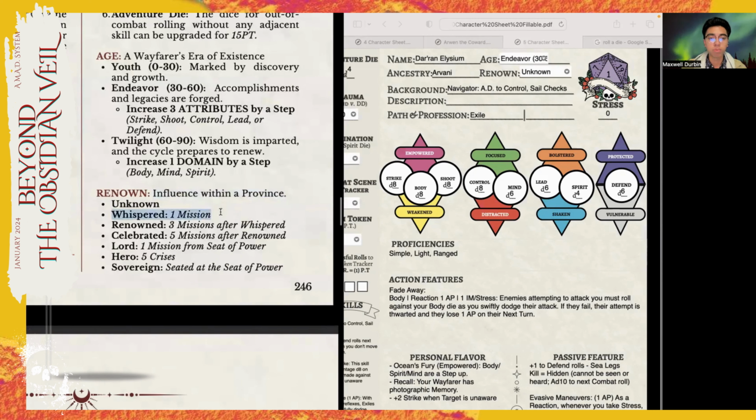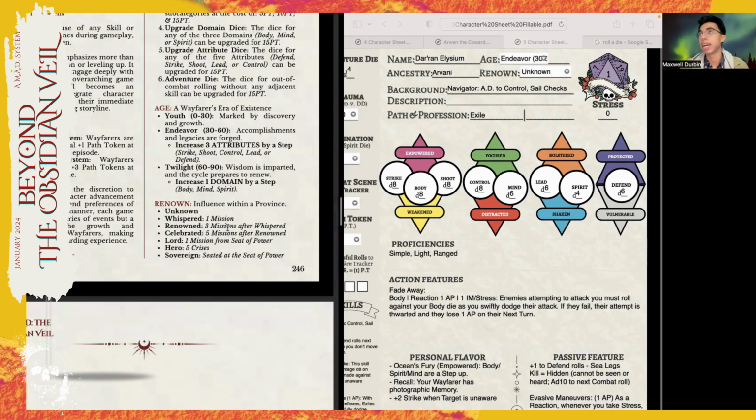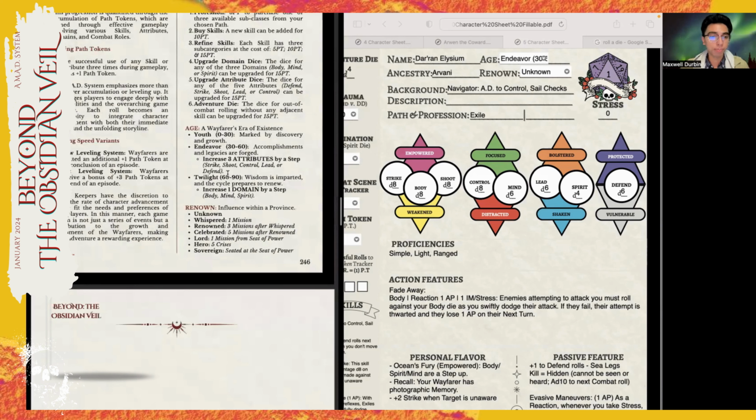You'll see here, Whispered, you gain the Whispered Renown after completing 1 mission within the province. Renowned, 3 missions after Whispered, 5 missions after Renowned. Lord, 1 mission from the Seat of Power, or alternatively, you can kill the Lord in that hold. Hero, you avert 5 crises, and then Sovereign, you are seated at the Seat of Power.